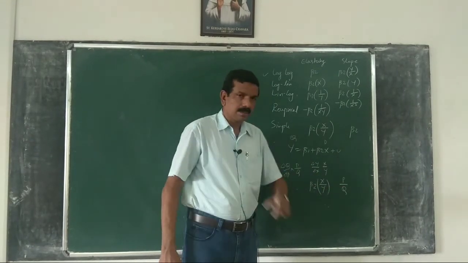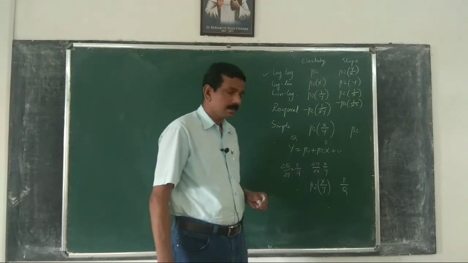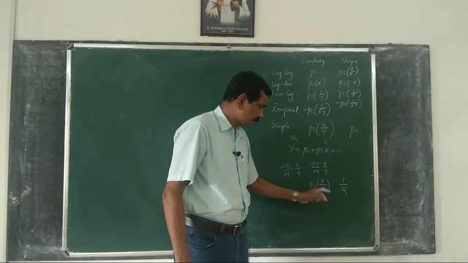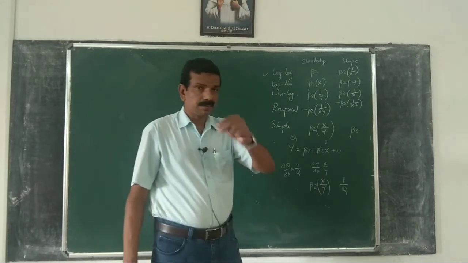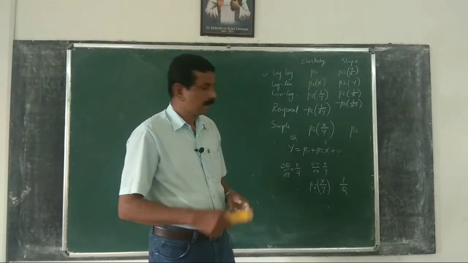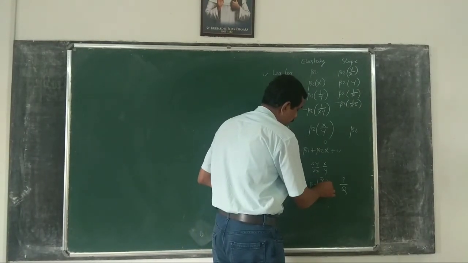Now, if you are estimating a linear equation, you can calculate elasticity by giving values to x and y. But the problem is which x and which y. Now, a solution is you take average x and average y.